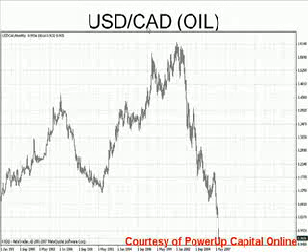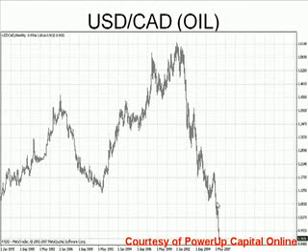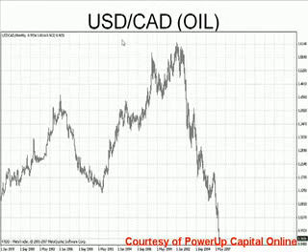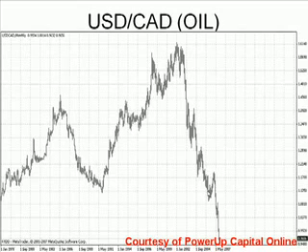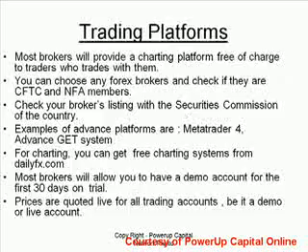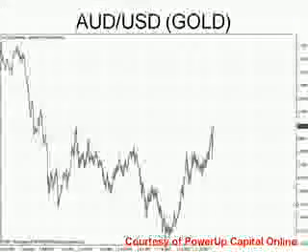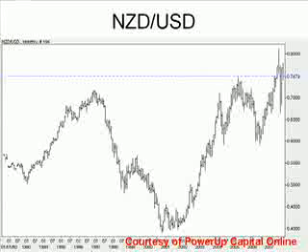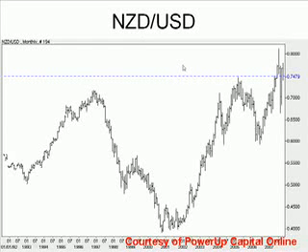Let's look at US Canadian. Now this chart is going down, which means US dollar is going down. That means Canadian dollar is going up. Let's look at this chart. New Zealand US dollar. This chart is going up, which means New Zealand dollar is going up.